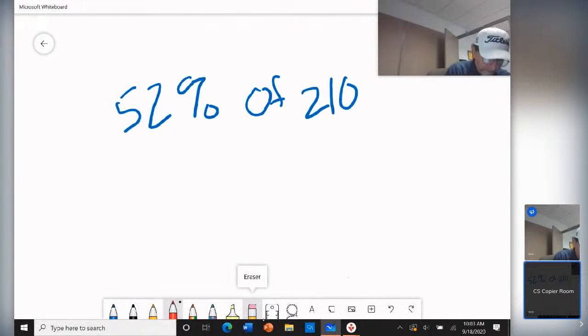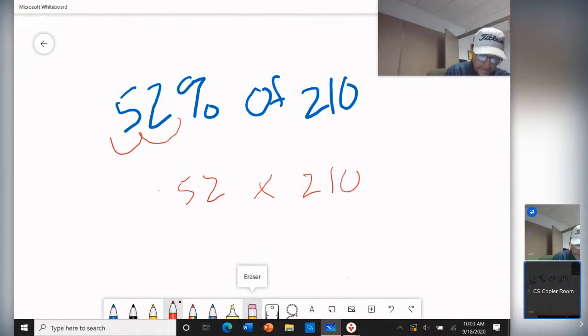Okay. So what you would do once again, you're going to move the decimal point 2 places over. That's going to be 0.52 times 210.